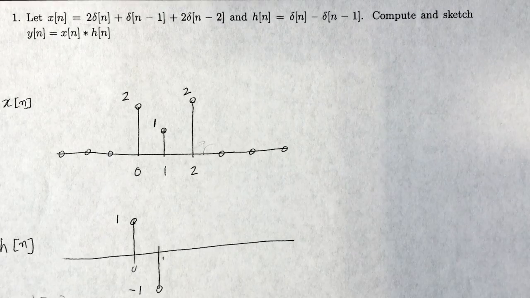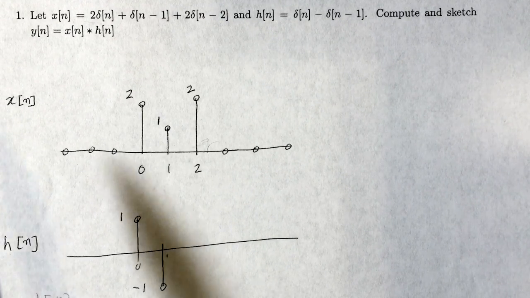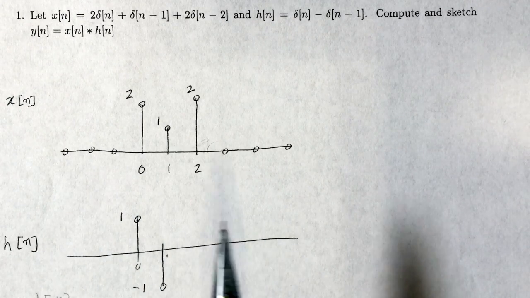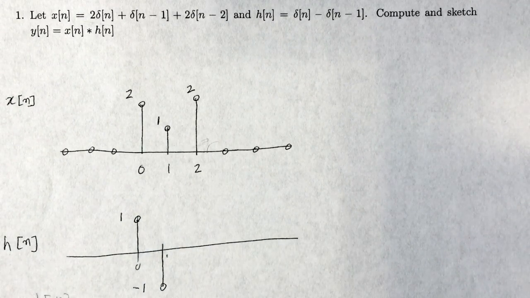So the way we do convolution is we change these independent variables n to a k, and then we flip one of them. I usually do h of k to give us an h of negative k, and then we shift it by a value of n either to the left or to the right, and that's how we perform the convolution.